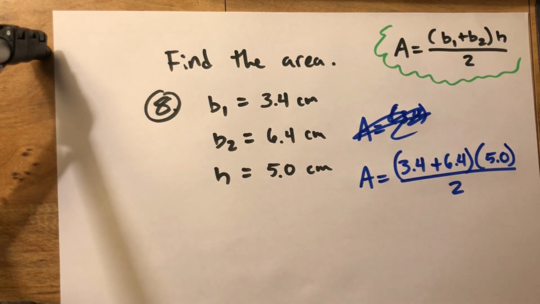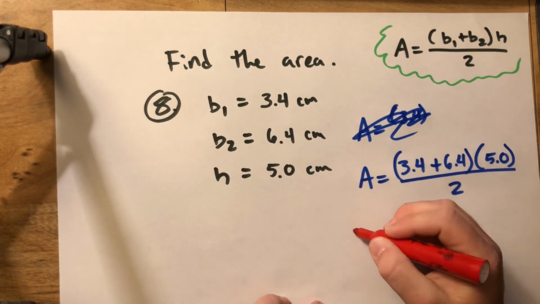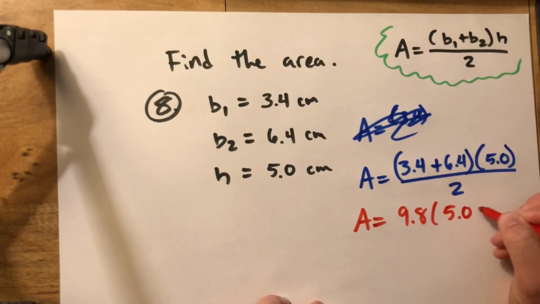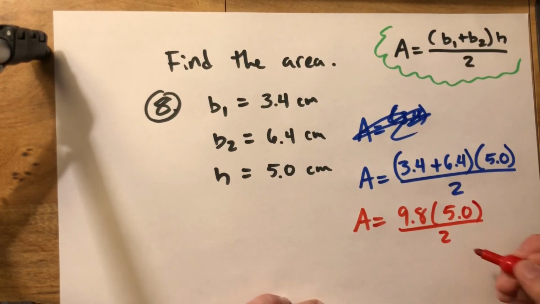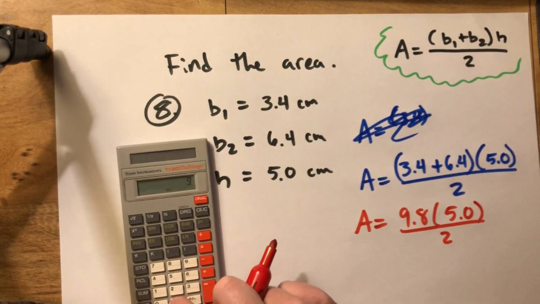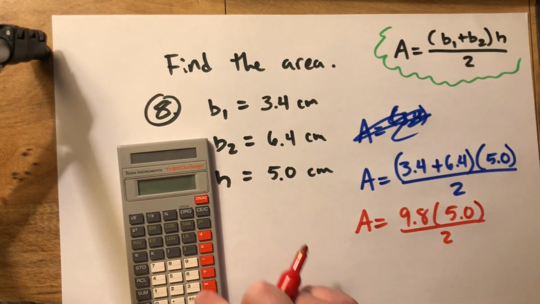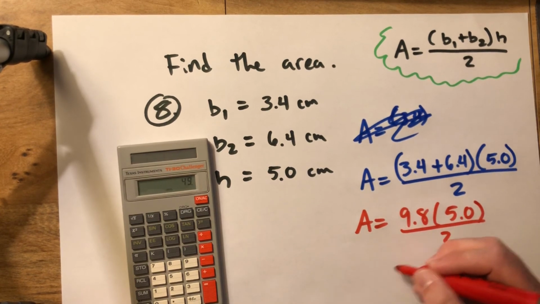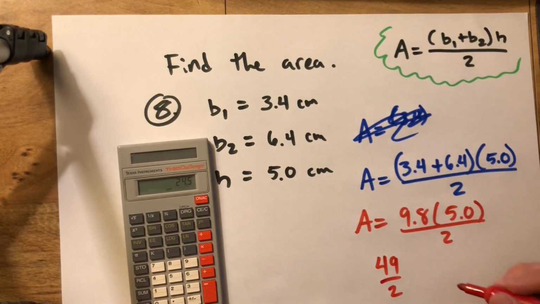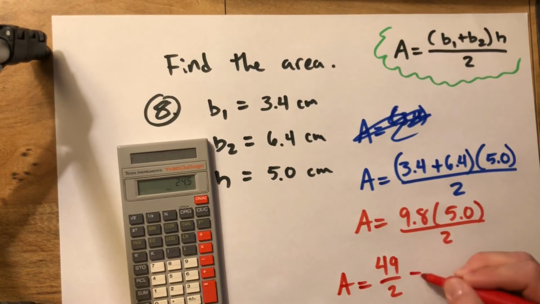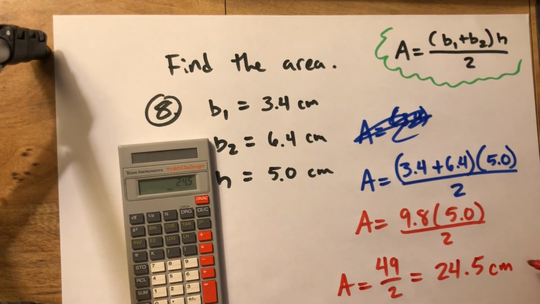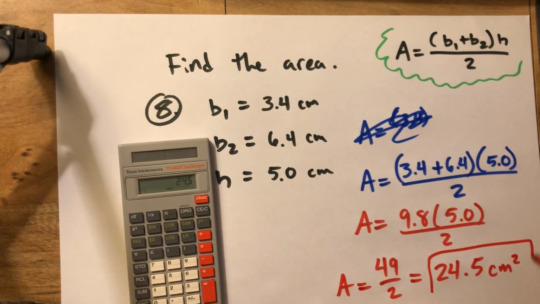Let's go area equals 9.8 times 5 or 5.0, all divided by 2. I'll grab my calculator, make sure we get this right. 9.8 times 5 is 49. And 49 divided by 2 is 24.5. So area equals 24.5 centimeters squared. Looks good.